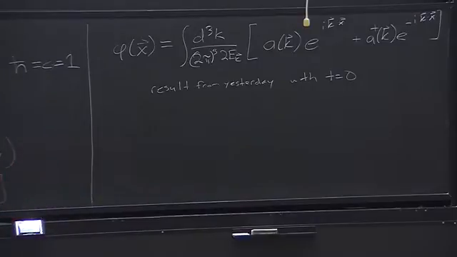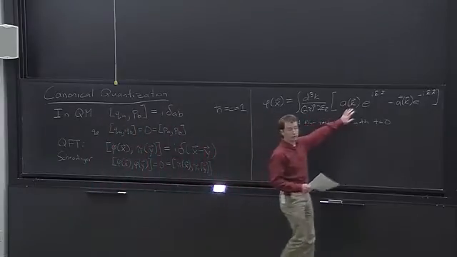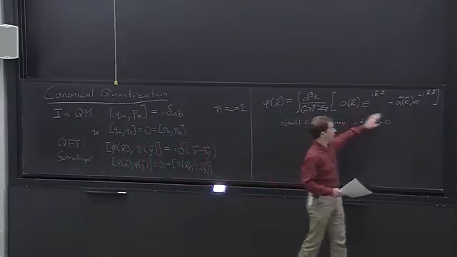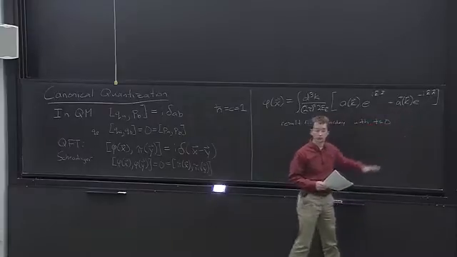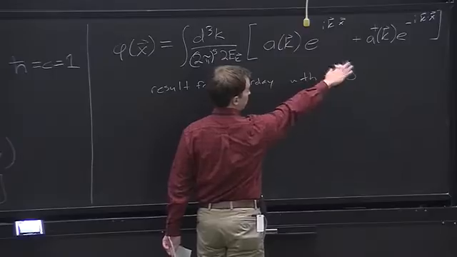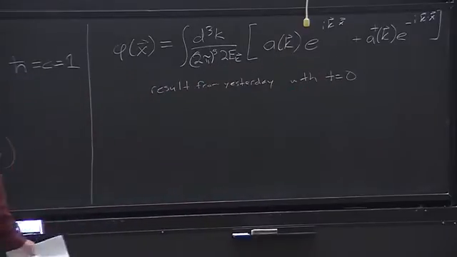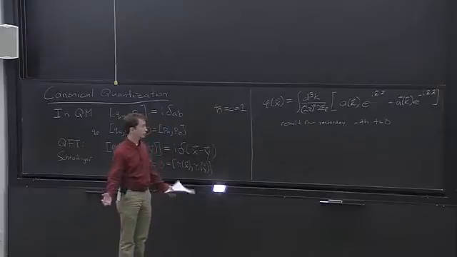And if we promote phi to an operator, that means in this equation we also need to promote a and a dagger to operators. These were functions yesterday, just arbitrary coefficients that we couldn't determine when we solved the Klein-Gordon equation if we didn't impose any boundary conditions.